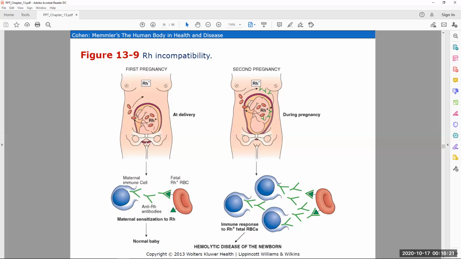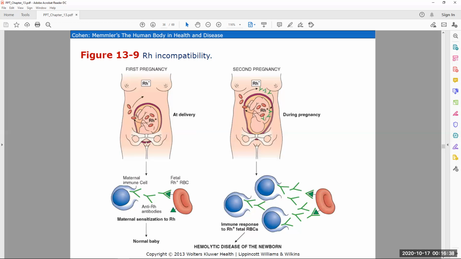Again, this only happens during the second pregnancy of a rhesus negative mother who had a previously rhesus positive child. Exchange of blood led to the formation of antibodies in the mother's circulation.